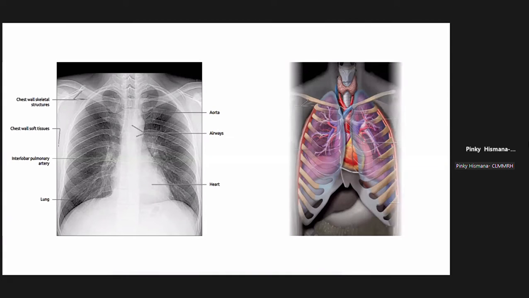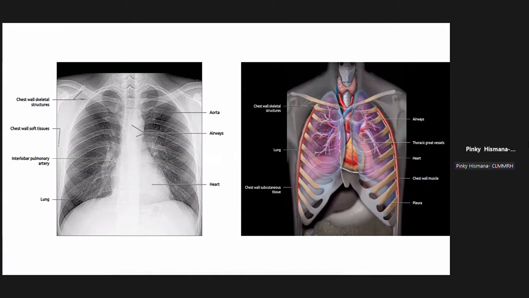Just a recap, the problem with radiography or X-rays is that the structures are superimposed, so you would not be able to determine what part of the chest is involved in a certain condition, not unless you actually do a lateral view or other views.